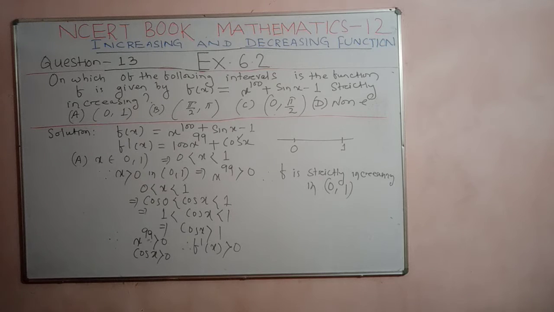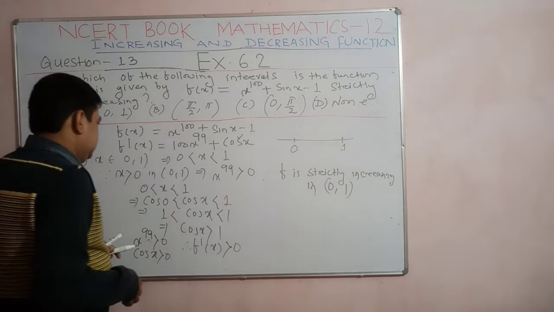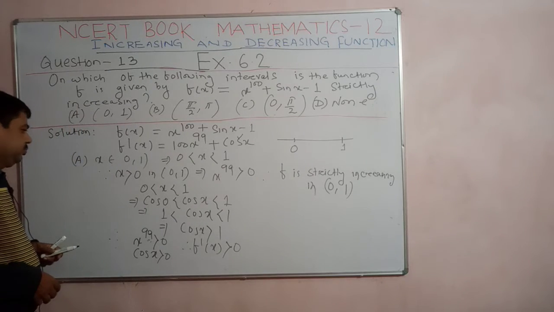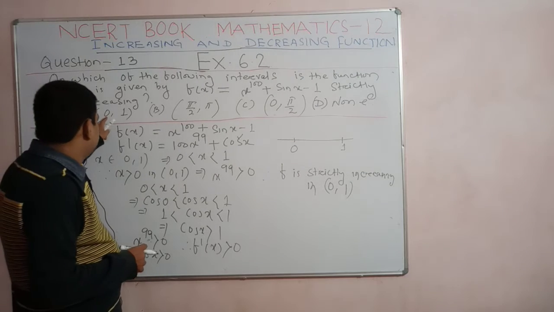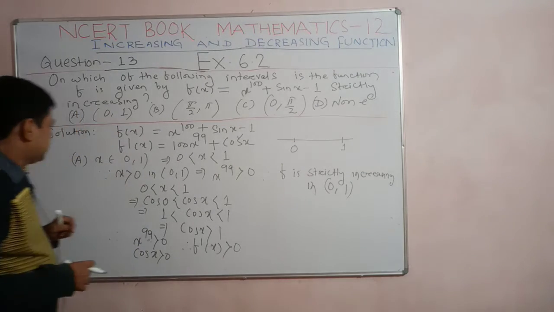Is it clear? So in option A, in the interval (0, 1), the function is strictly increasing.